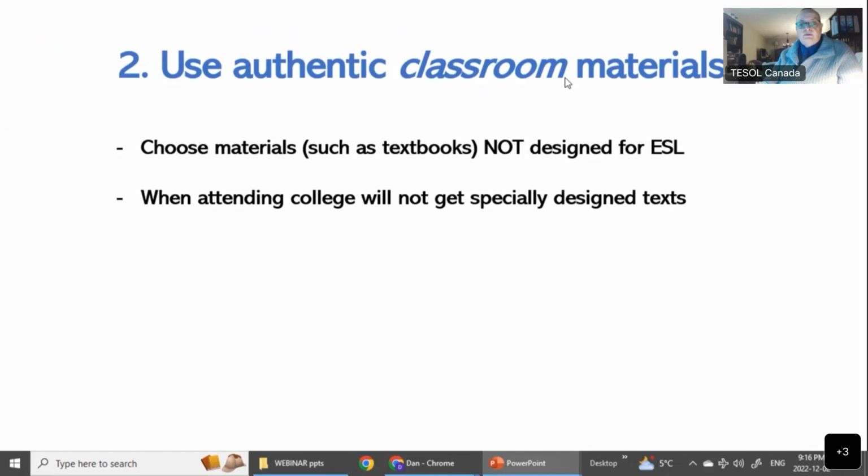Use authentic classroom materials. Choose the materials, such as textbooks, that are not designed for English as second language, because when your students are attending college, they will not get specially designed textbooks. So you may have had experience teaching English using specific textbooks that were designed for students learning English as a second language, and that caters to their needs, and that's fine to a certain point.